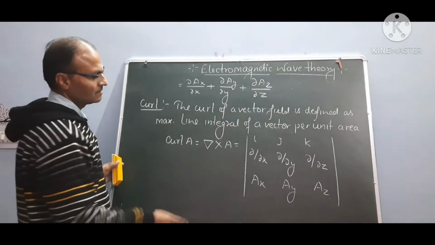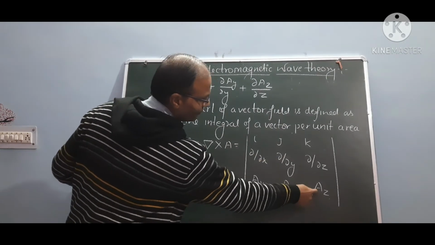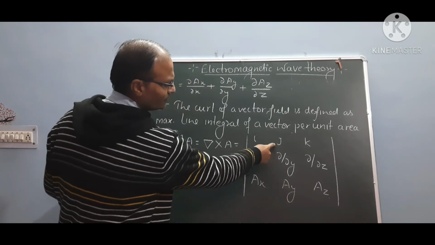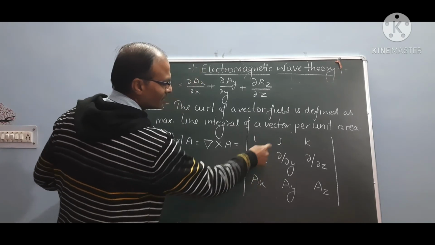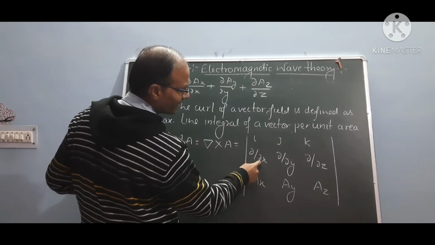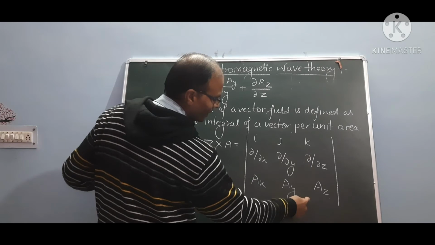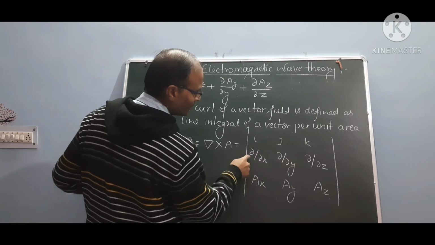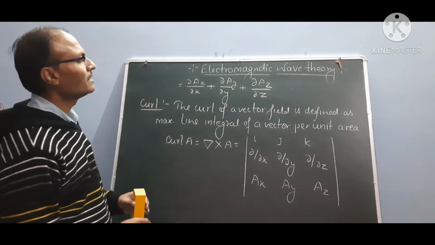We can solve the determinant by i times del over del y of Az minus del over del z of Ay, then j times del over del x of Az minus del over del z of Ax, and k times del over del x of Ay minus del over del y of Ax. So this is the function of curl A.